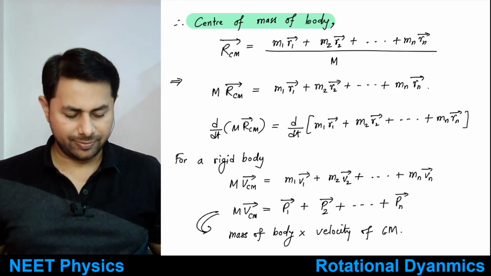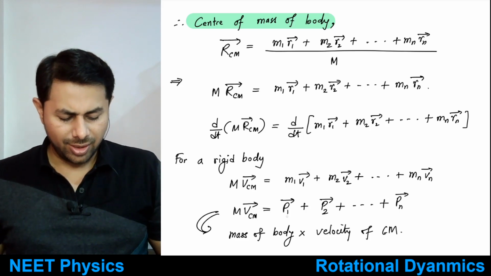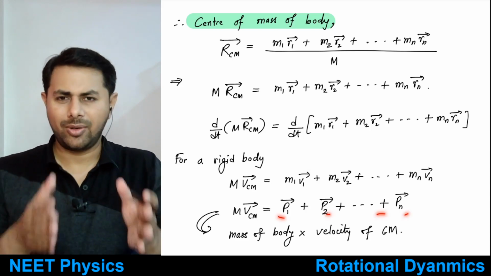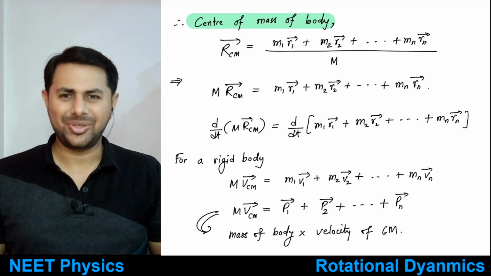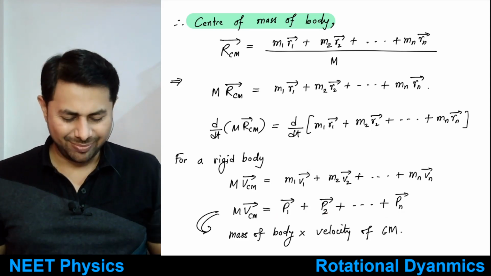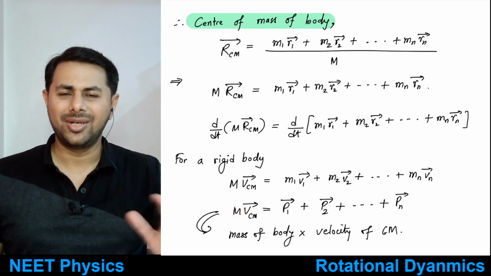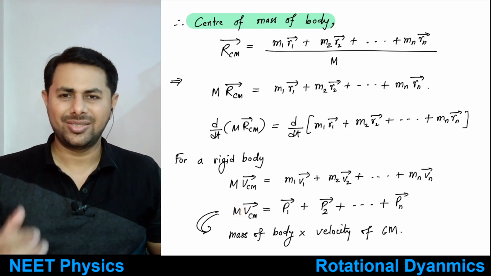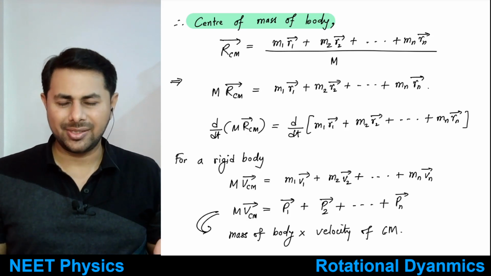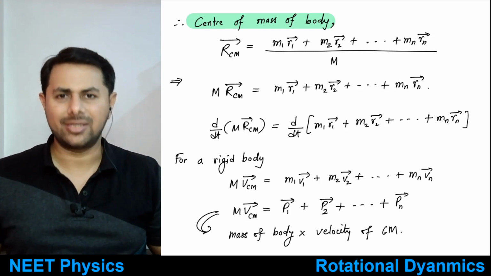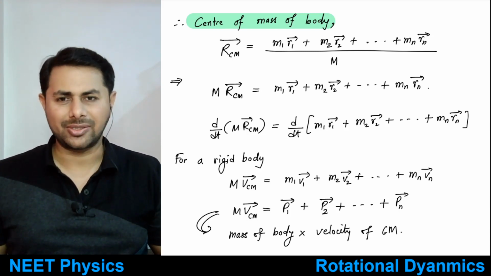Now what is mass times velocity? It is momentum. So if you add up the momentum of all particles within the body, then what do you get? You should get the total momentum of the body, right? But what do you get? You get the mass of the body multiplied by the velocity of center of mass. So this tells you that we can consider that the mass of the body is concentrated at the center of mass.